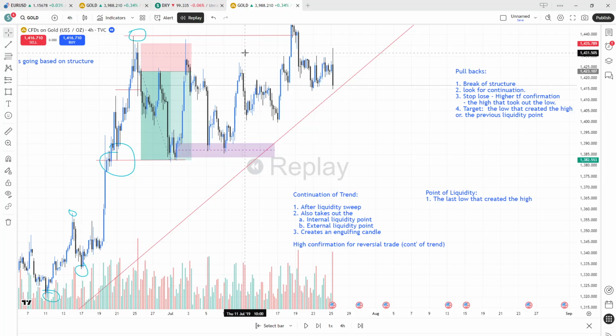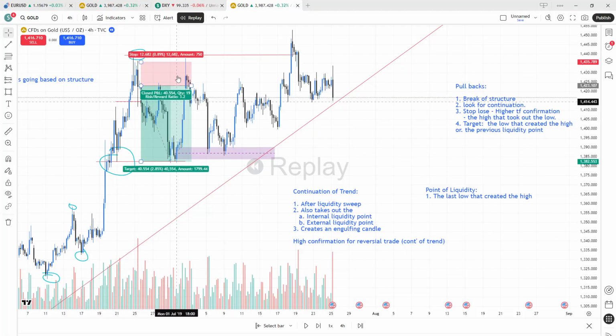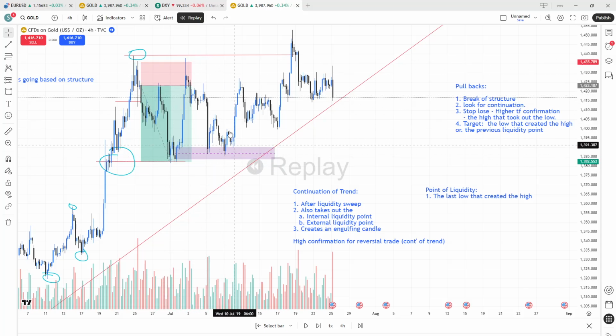So if we are to trade this, we're still going to be pro trend because we are still in this structure range. Whatever is happening here is considered a pullback, just a pullback for the trend to go a little bit higher.